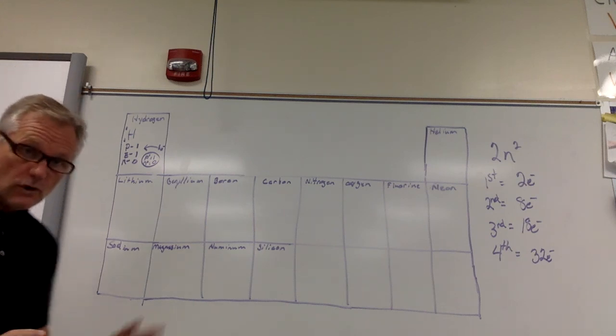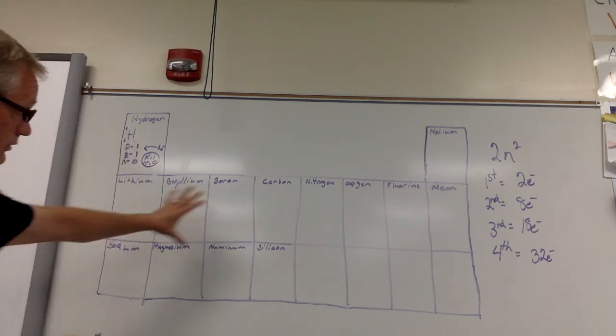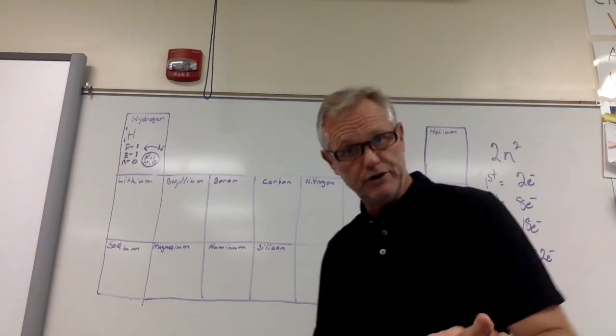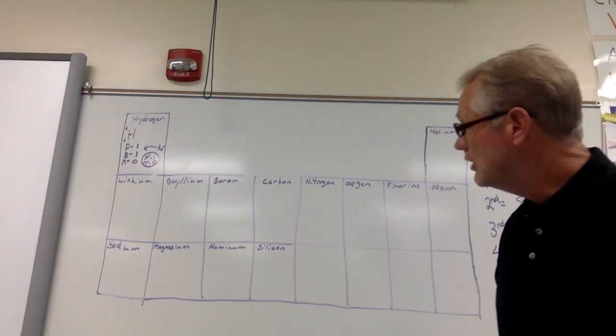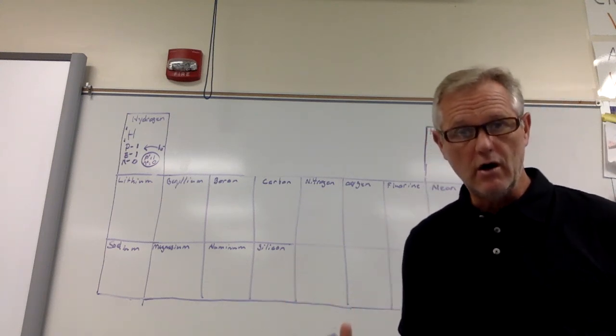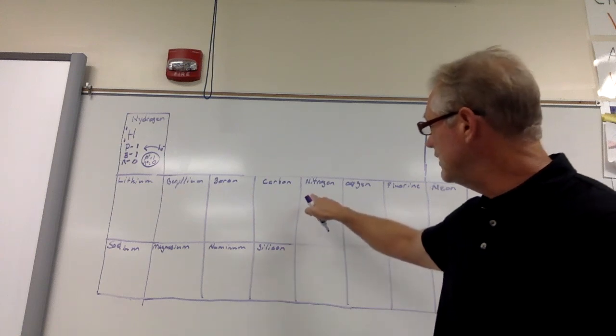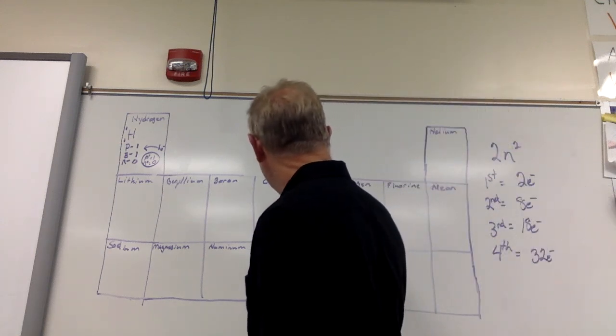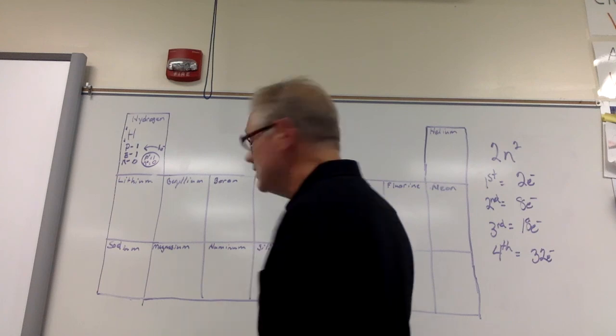In this group up here, I skipped all of those transition elements, and we'll talk about that a little bit later. I want to do another element just to make sure that we're all together. So I'm going to come down here to nitrogen. I'm going to do the exact same thing. I write out nitrogen's symbol.